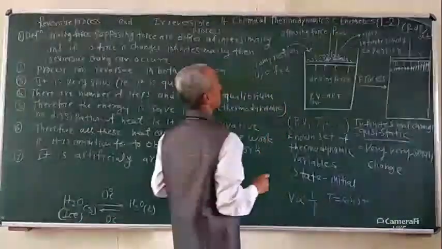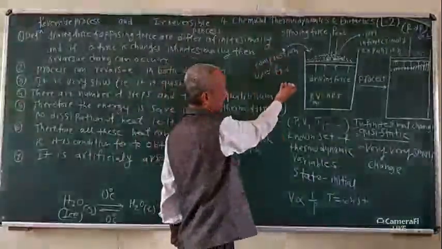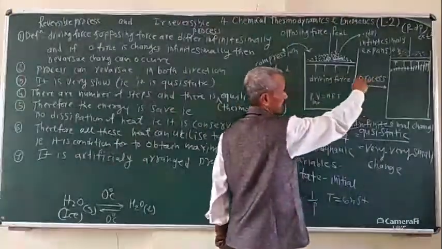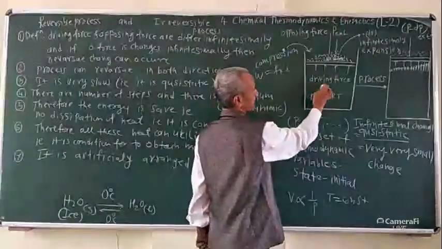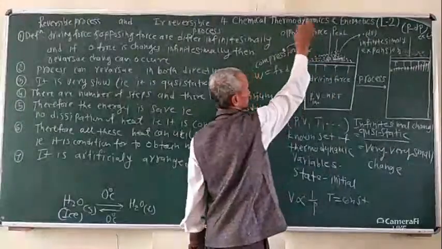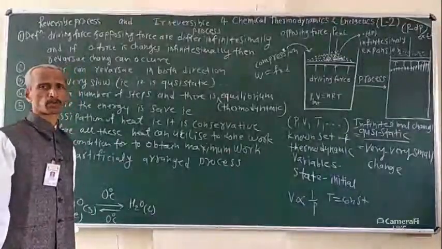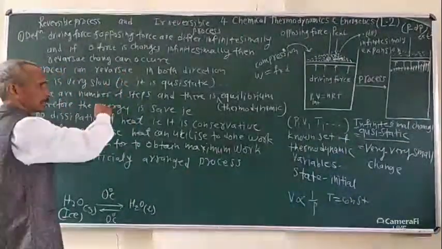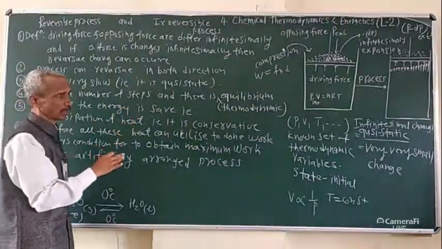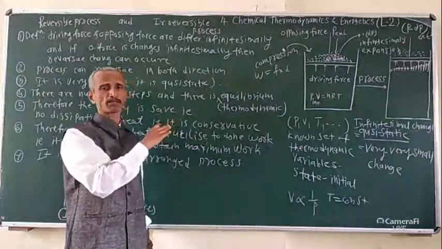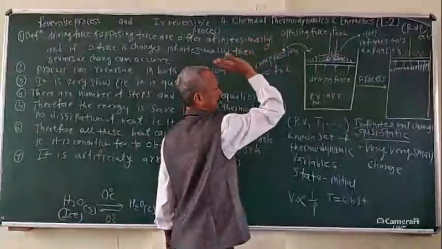Okay. So here now one can consider the work of compression or work of expansion is possible because it depends upon the driving force and opposing force. Okay. Now in a reversible type of process, firstly it is a very slow process, and because of this very slow process, at every step there is an equilibrium between system and surrounding.